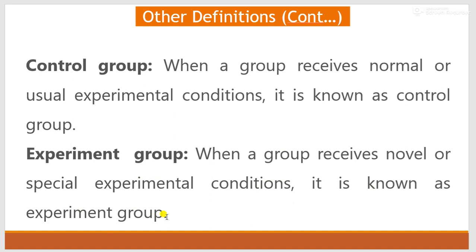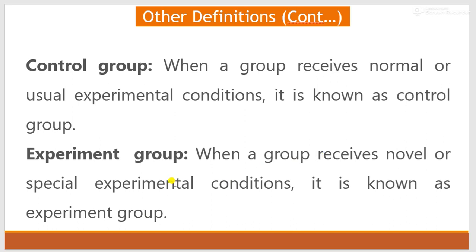For example, in pharmacology, we use a control group and an experimental group. The control group receives only normal usual experimental conditions such as food, water, etc., or they will be in a particular environment. But the experiment group receives novel or special experimental conditions.